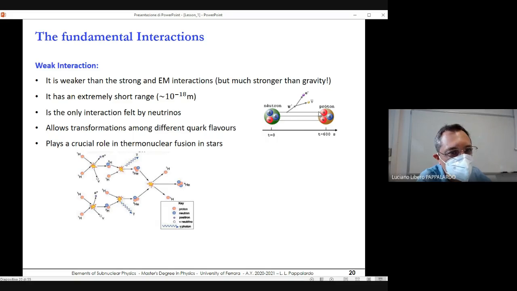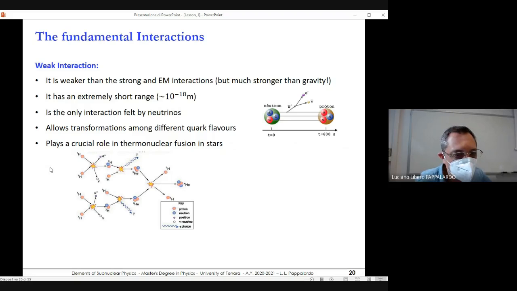But weak interactions are also extremely useful for us because they play a part in the thermonuclear fusion reactions that occur in stars. Let me give you just as an example the proton-proton chain in the sun that provides the energy at the core of our sun. Essentially, 4 protons at the end of the chain transform into one helium-4 nucleus with emission of 2 protons and several neutrinos and photons.